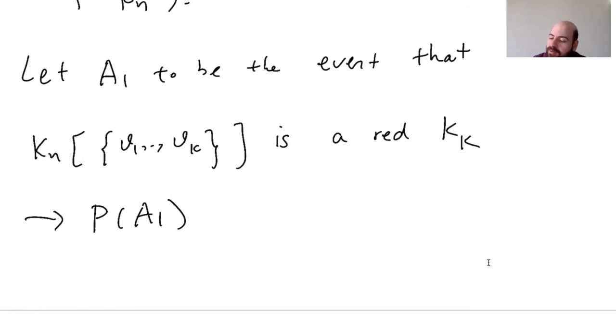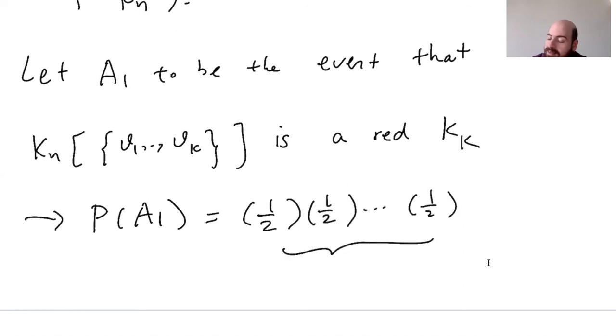So the first edge is red with probability 1/2, the second edge is red with probability 1/2, all the way to, so these are all red edges. How many 1/2 do I have? K choose 2.